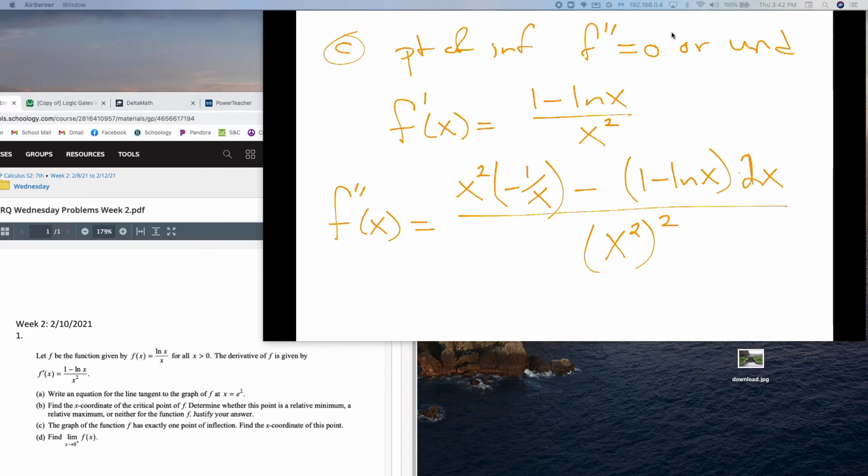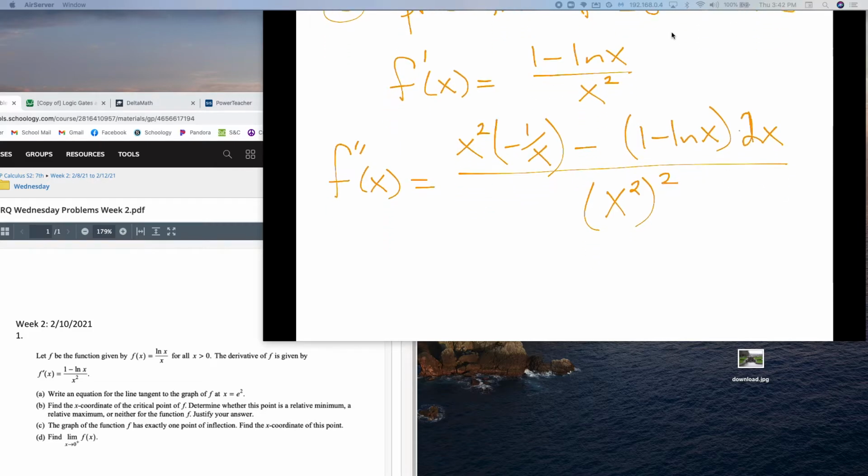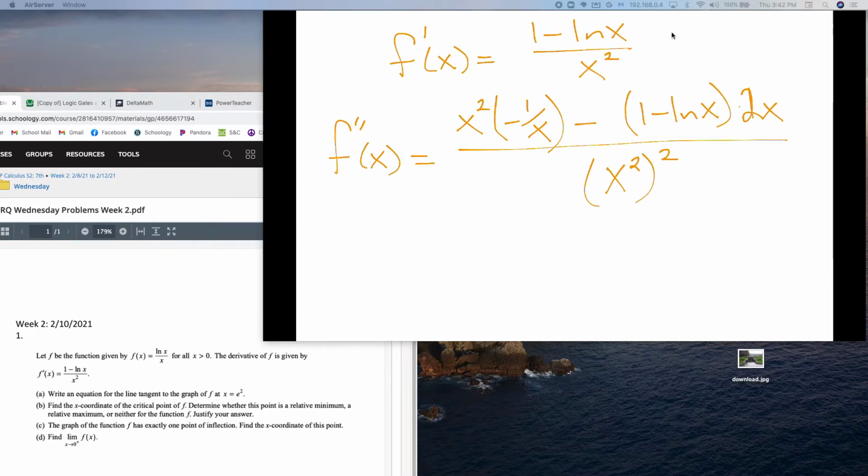But what we can do is some simplifying and kind of figure out what we need. What we need is to know when x squared times negative 1 over x minus 1 minus the natural log of x times 2x equals 0. That's what we've got to figure out.